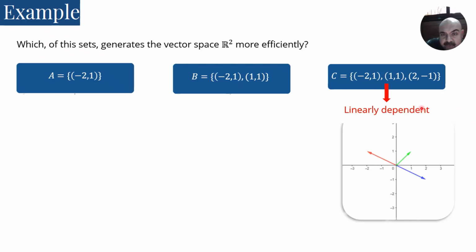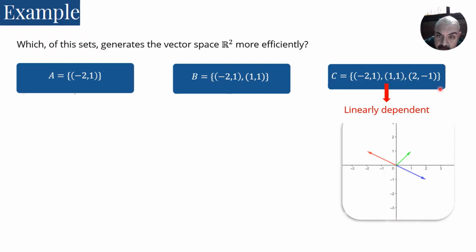In a similar manner, if we look at C, which has -1 and 1, -2 and 1, 1 and 2, and the -1, this can also generate R2. But if you give it a good look and discuss the dependency of this set, you will find that those three vectors are linearly dependent on each other.